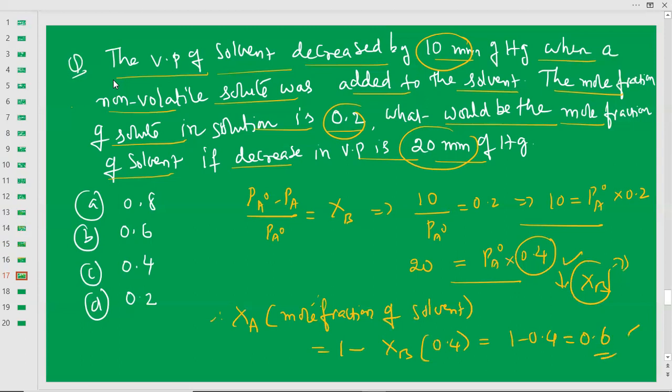So 0.6 is the answer for this question. First they told the lowering of vapor pressure is 10, at that time mole fraction is 0.2. And again they told lowering of vapor pressure is 20 millimeters, that time we expected 2 times of it, 0.2 into 2 is 0.4. So we have taken 0.4 as the XB for the final calculation, and we got 0.6 as the answer for this problem.